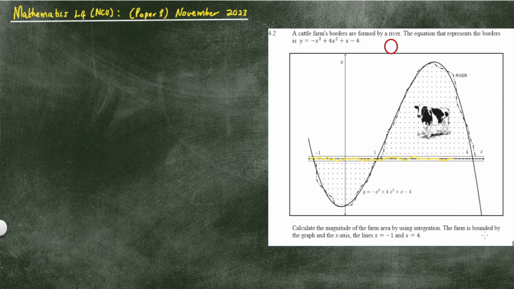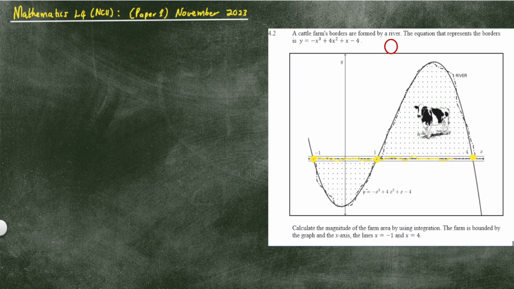The farm is bounded by the graph and the x-axis. The lines are x equal to minus 1, that's where it starts, and then x equal to 4, that's where the graph ends. Iqala la boundary yethu ize ku positive 1 and then iphelele lapha kubani ku positive 4.